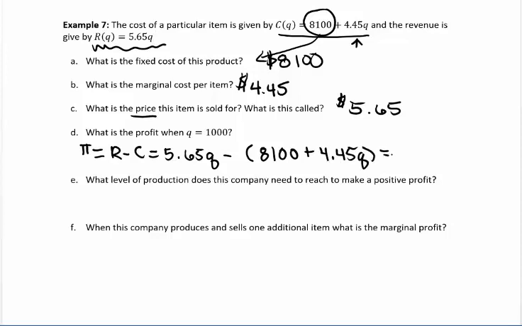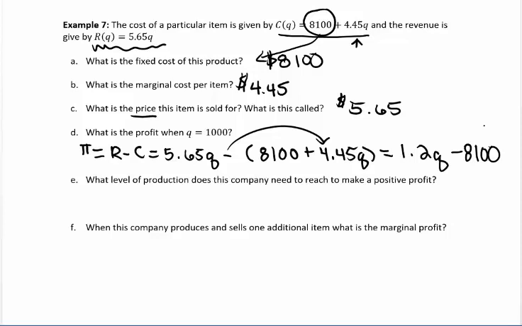And so if we simplify this, we can combine the two terms that have the Q, 5.65Q, and then it's going to be minus 4.45Q. That minus goes to both terms. So when we subtract that, we get 1.2Q, and then we have a minus 8,100.